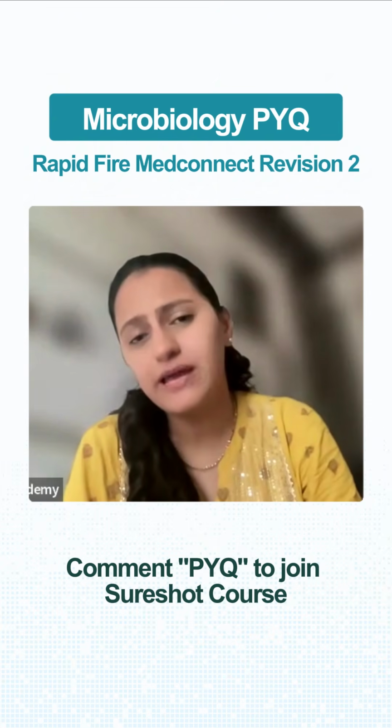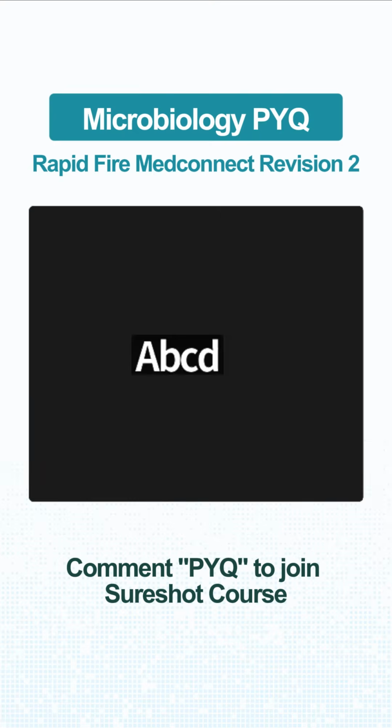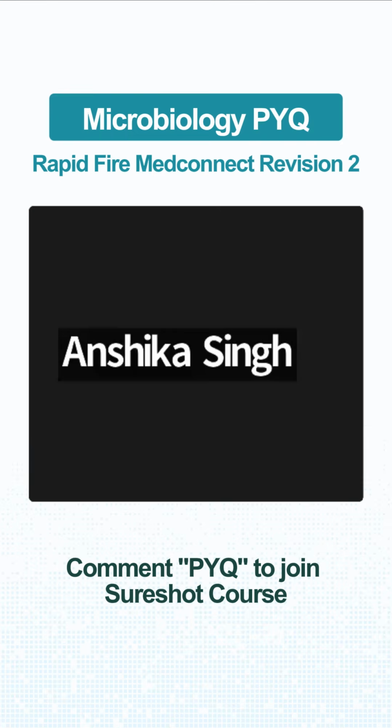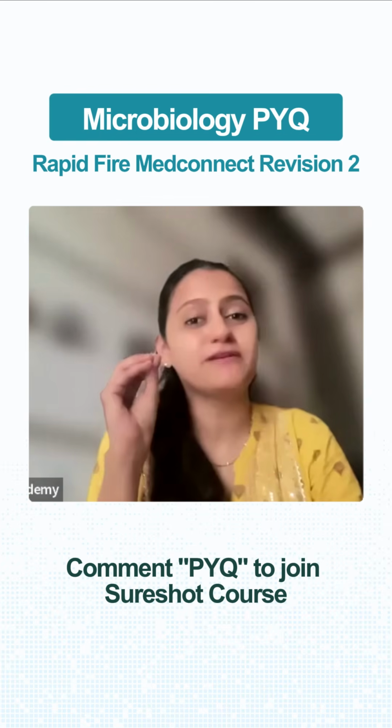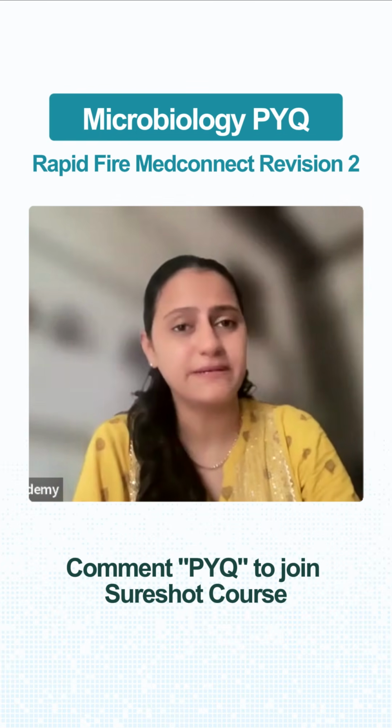Next one, Pseudomonas aeruginosa. Is it aerobe or anaerobe? Aerobe. Remember, aeruginosa is air, aerobe. Is it oxidase positive or negative? Positive, very important. Remember, it's oxidase positive, gram negative, and non-lactose fermenting.